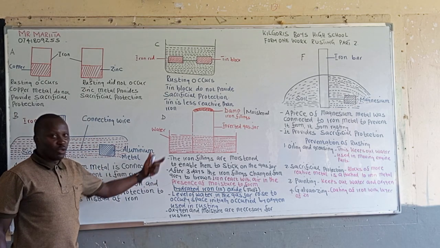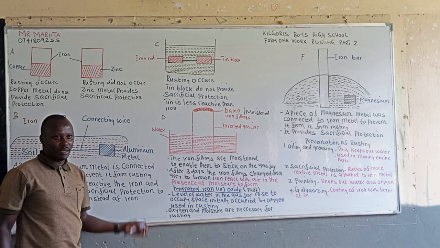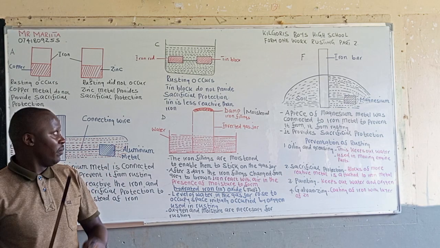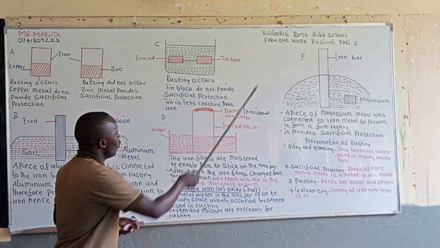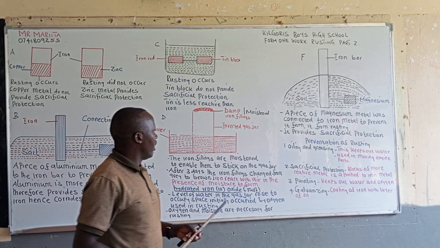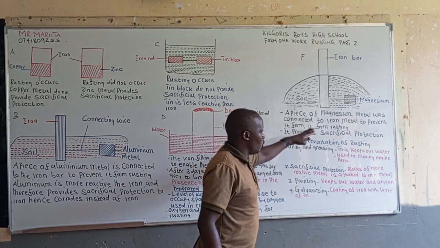Then, what conclusion do we make from this particular experiment? Oxygen and moisture are the conditions for rusting.